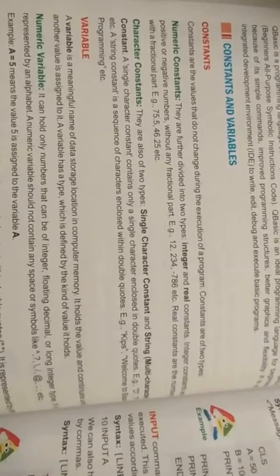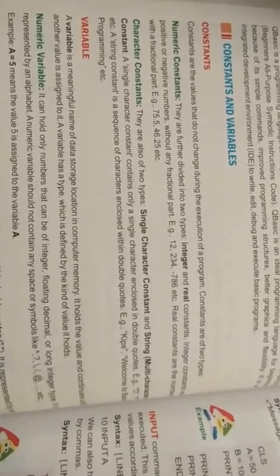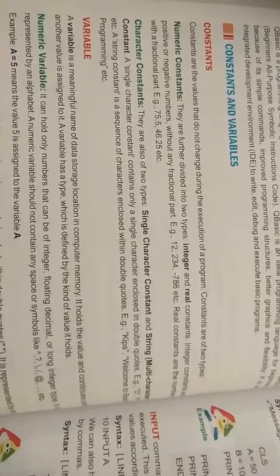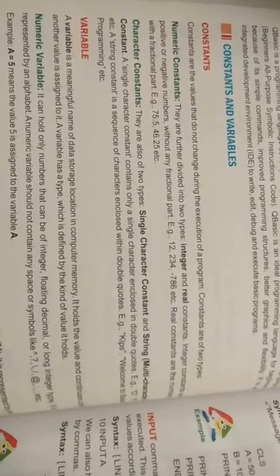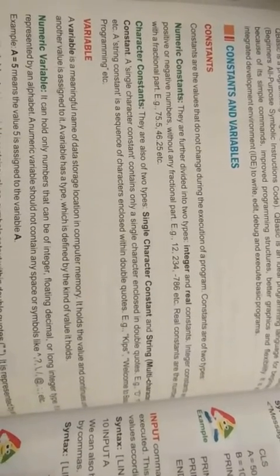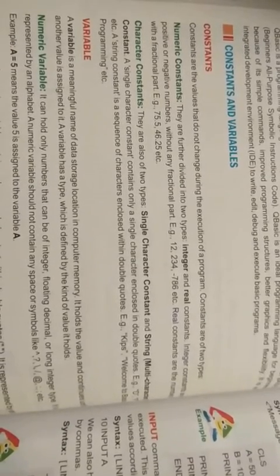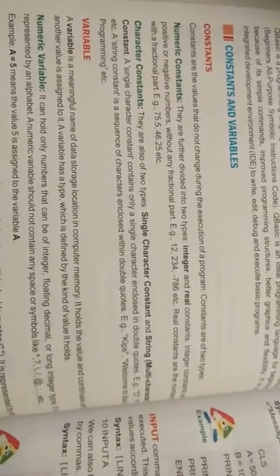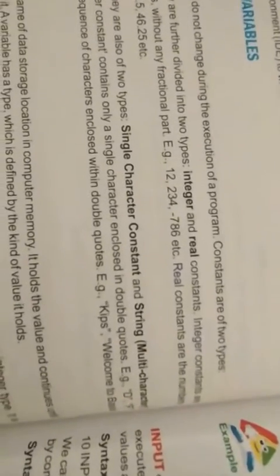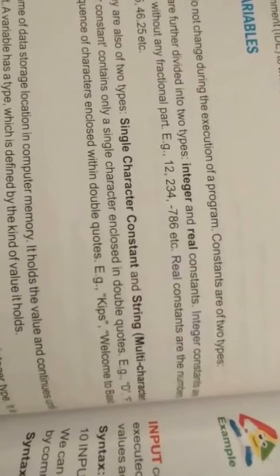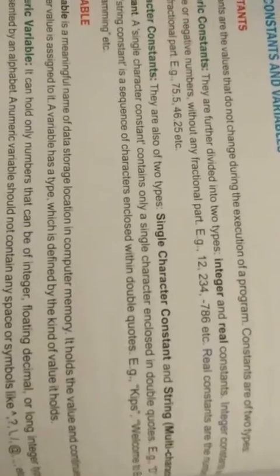Now, character constants. Character constants are also of two types, single character constants and strings. String means multi-character. If you write a word which consists of many letters or characters, it will be treated as a string. Okay? So a string is a multi-character constant, and a single character constant, you know, contains only a single character enclosed in double quotes. For example, you can see "D" enclosed in double quotation marks, "F".